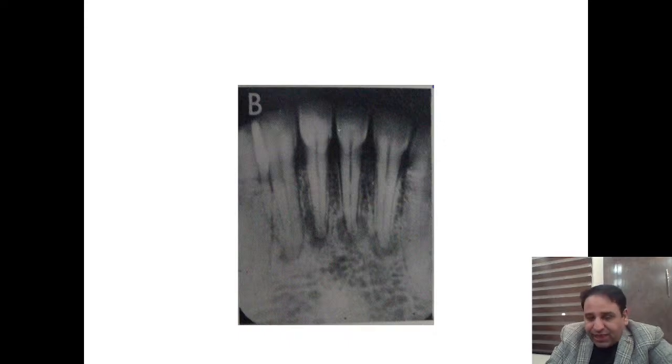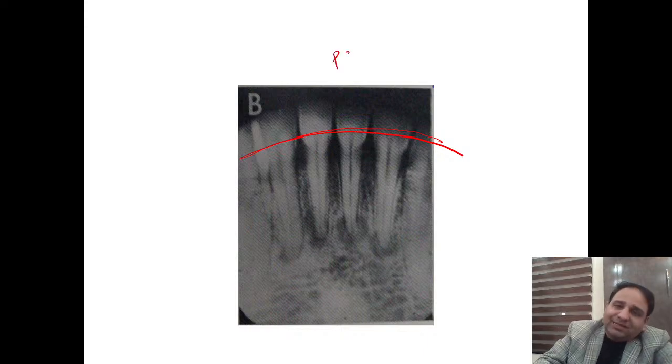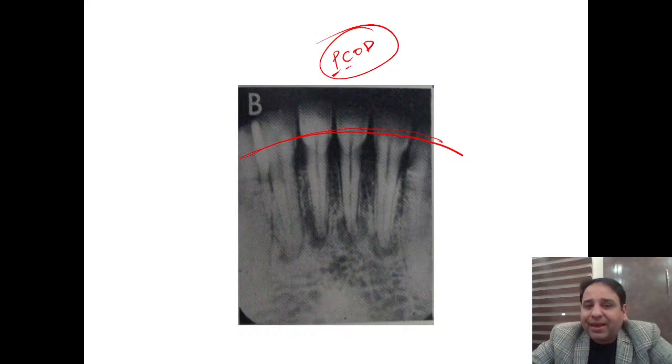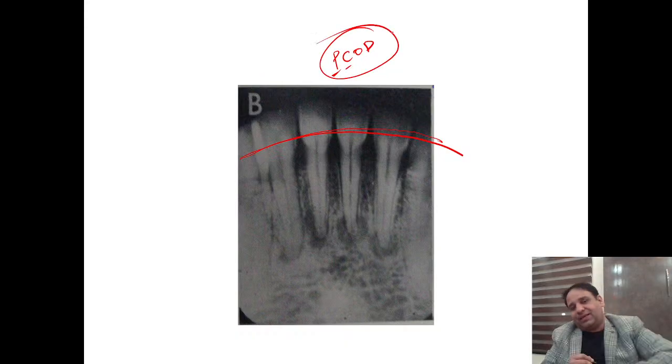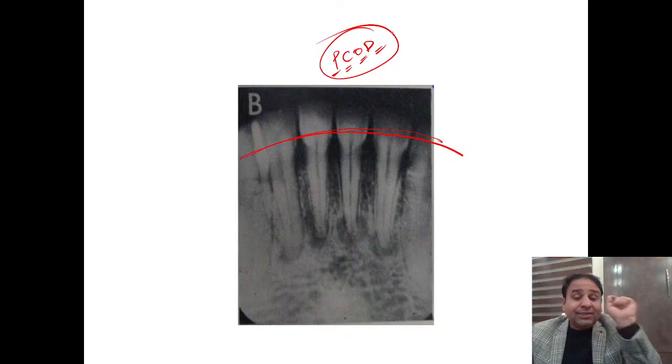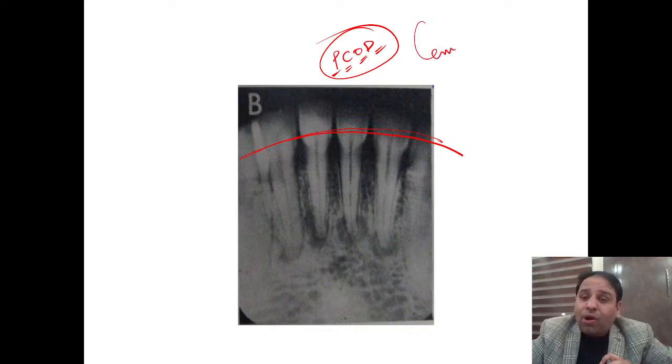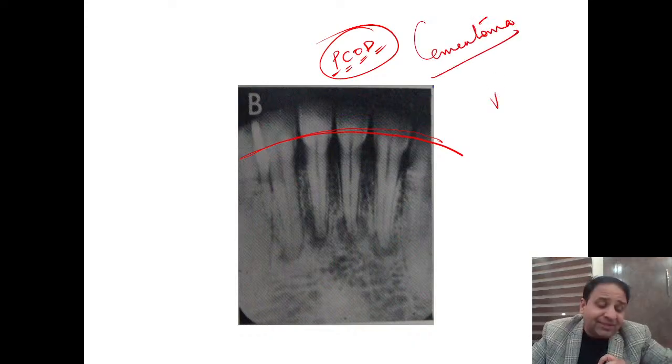So what you see here, students, is that the teeth are vital. All the teeth are vital, but still you have some lesions present. So you all know that this is PCOD. What we see on this slide is periapical cemento-osseous dysplasia. This periapical cemento-osseous dysplasia is also called cementoma, and it is always associated with vital teeth.